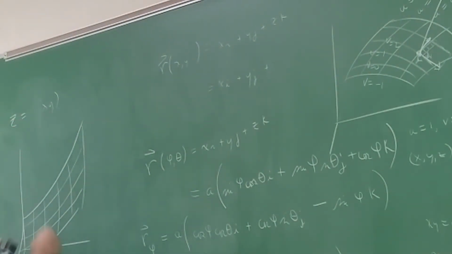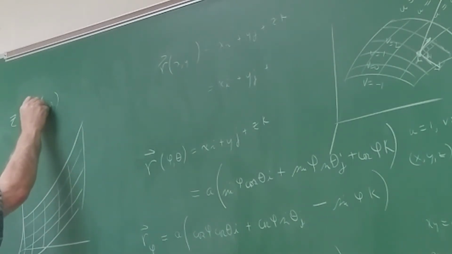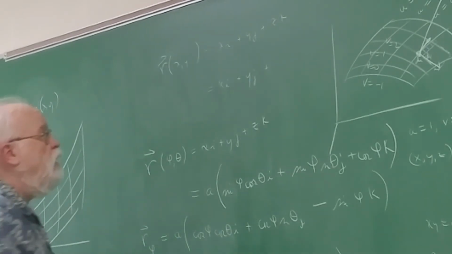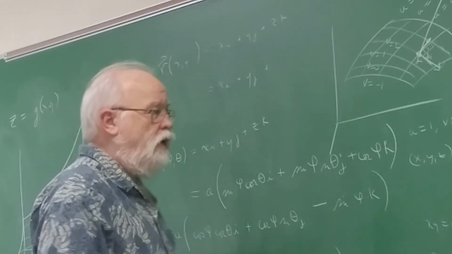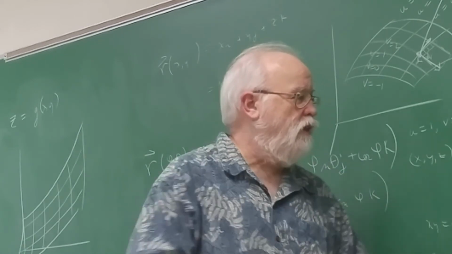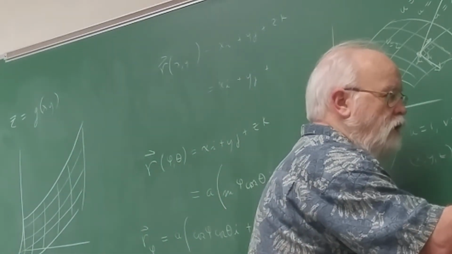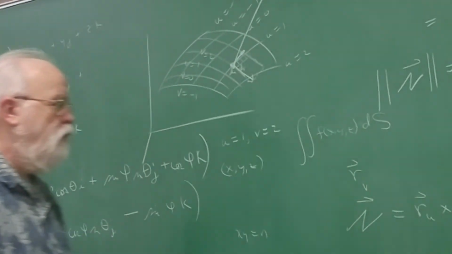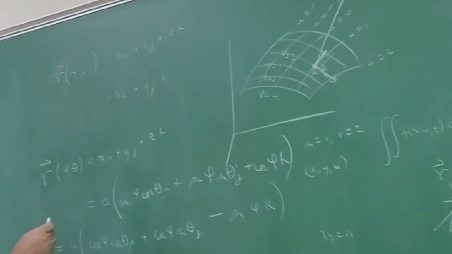We're going to call it g. For one thing, that will agree with the supplement. And for another thing, I frequently use f as the function in my type 1 surface integral. So I'm going to use g for this.